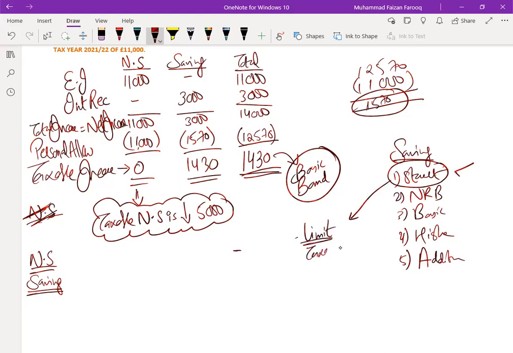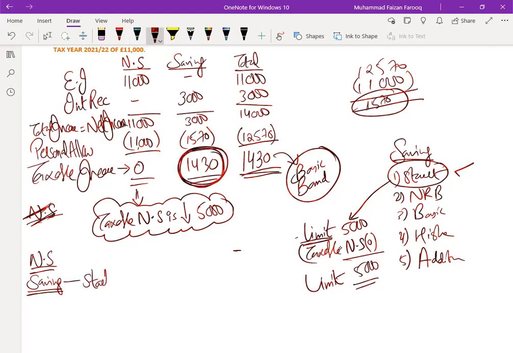It is 5,000 minus taxable non-savings, which is zero. So the limit is 5,000. Our savings income can be covered wholly under the limit of 5,000. Yes, it can be. So the savings income will fall in start band.